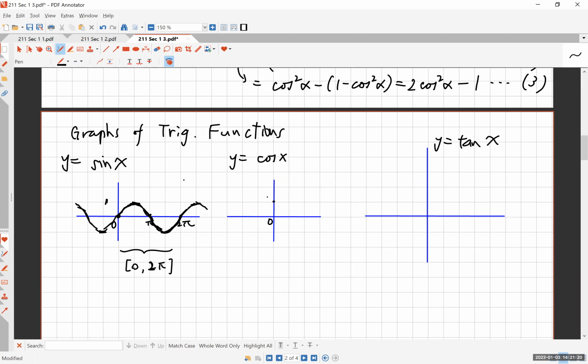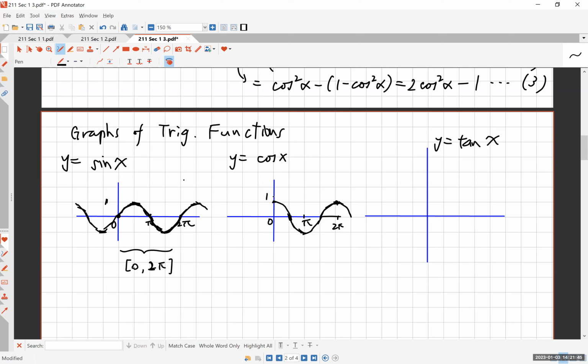When x is 0, y is 1. Cosine of 0 is 1. And again, let's say that this is pi. Remember pi over 2, cosine hits 0 at 90 degrees, and then goes down to -1, and goes back to 0. And by the time you get to 2 pi, of course, it gets back to the same point, which is the value of 1.